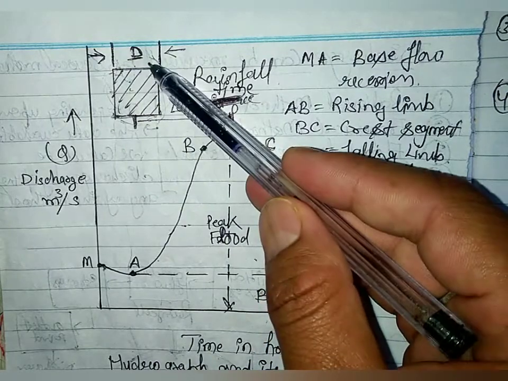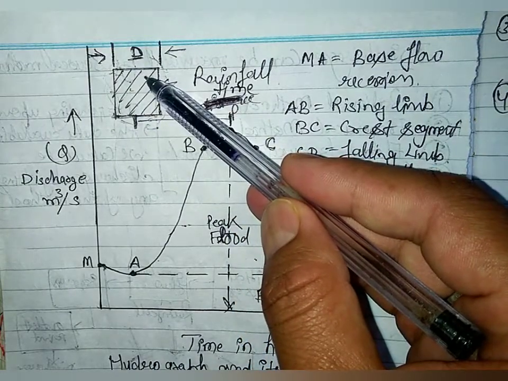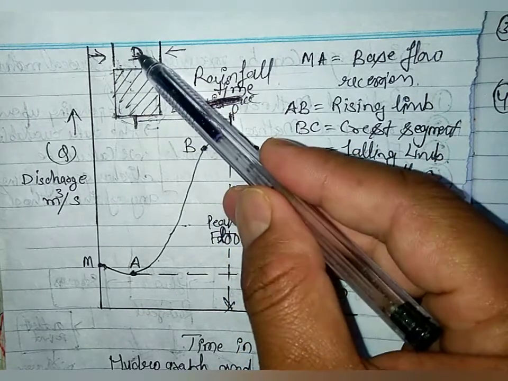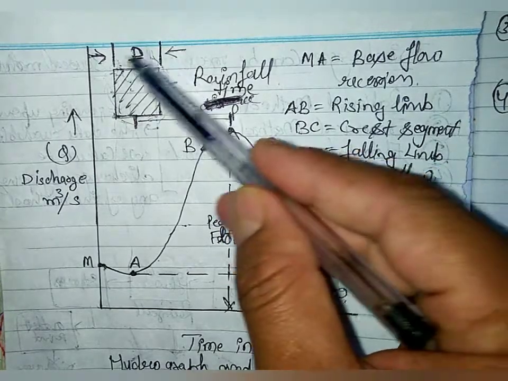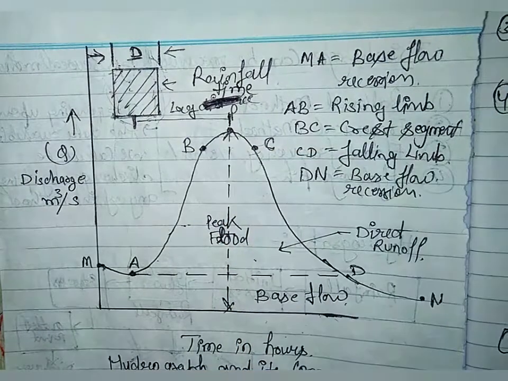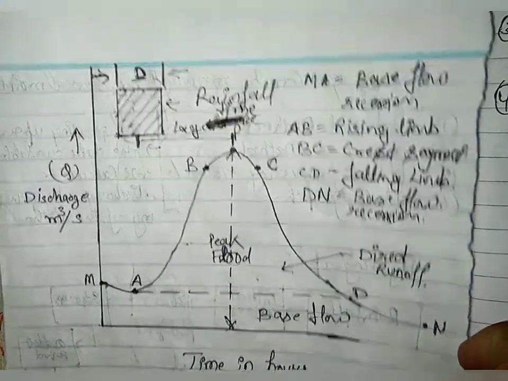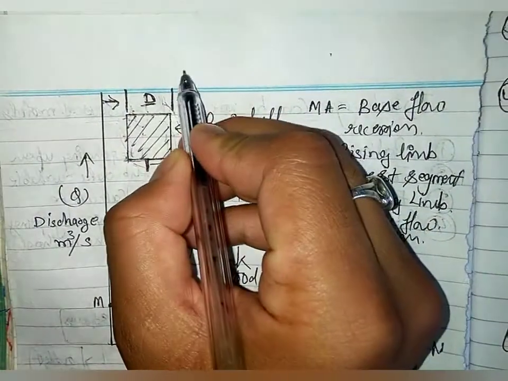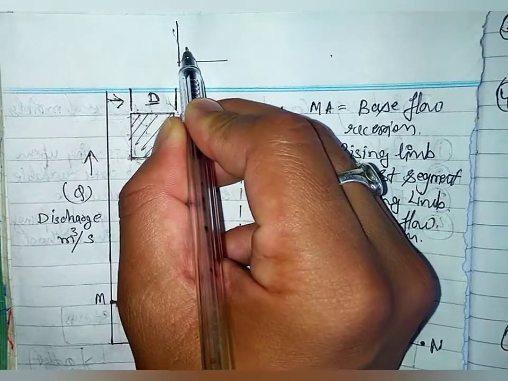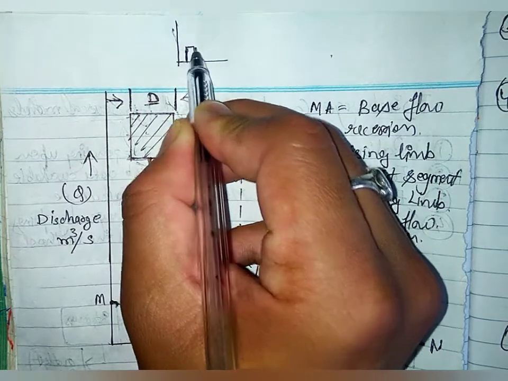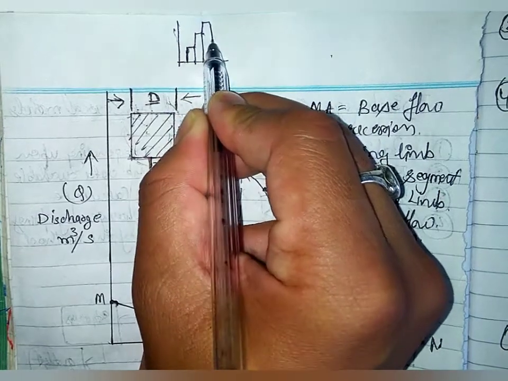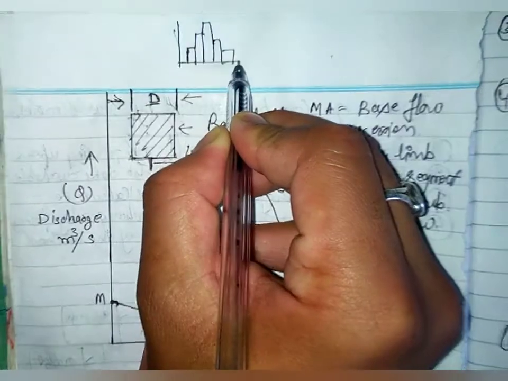Let us consider a concentrated storm producing a uniform rainfall of duration capital D. Here we are taking the depth of the rainfall to be uniform, not non-uniform, as I discussed earlier, where the precipitation starts, increases for a certain duration, reaches its peak, then decreases and finally stops.